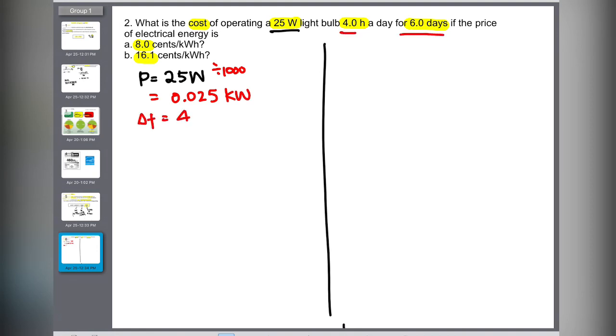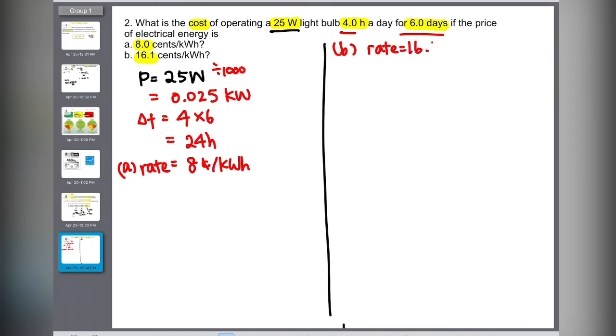Okay, the time is 4 hours a day for 6 days, so 24 hours in total. And the rate is 8 cents per kilowatt hour. That's for part A. And we're going to redo the question for part B, but this time the rate is 16.1 cents per kilowatt hour.